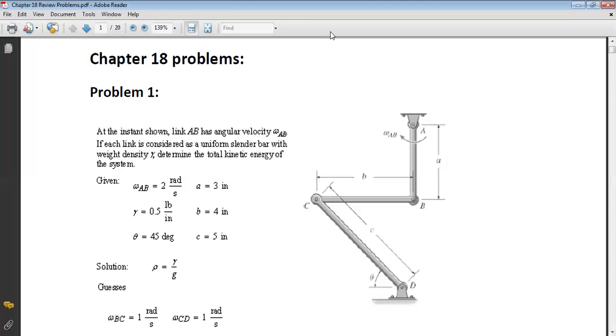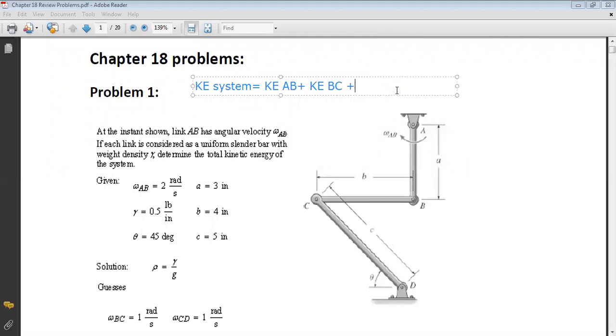So I can write the kinetic energy of AB in two ways. Okay? So let me write it here. So first I can say that kinetic energy of the system is equal to kinetic energy of bar AB plus kinetic energy of bar BC plus kinetic energy of bar CD.